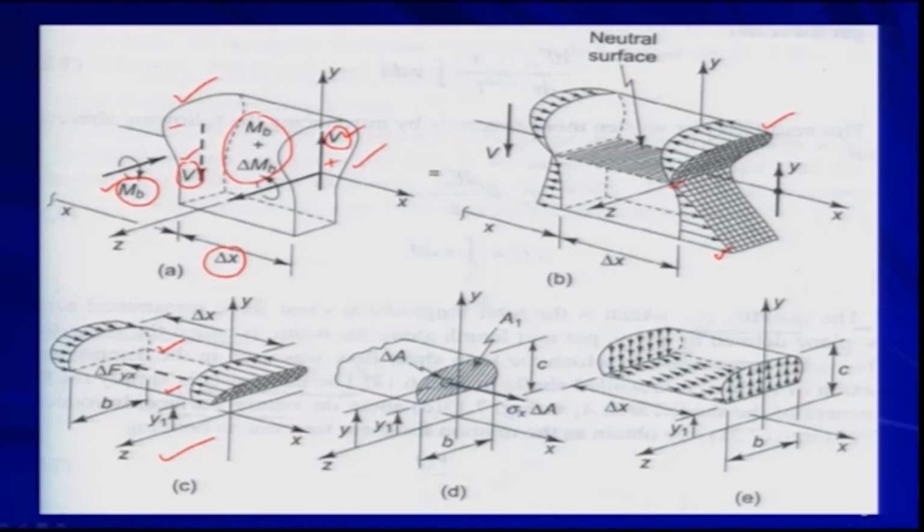This plane is defined by a distance y equal to y1 from the neutral surface. We are taking one slice, and now we are considering the equilibrium condition of this particular segment.